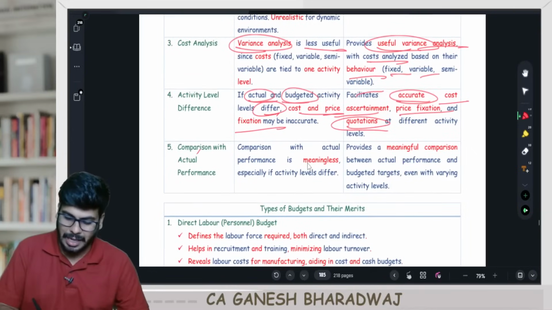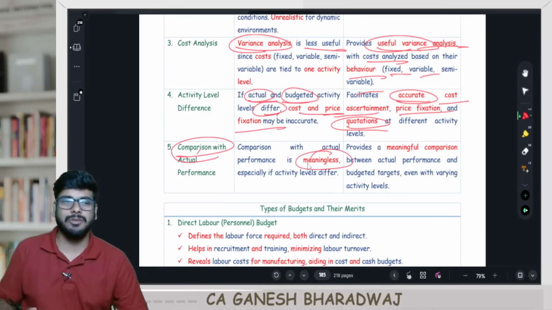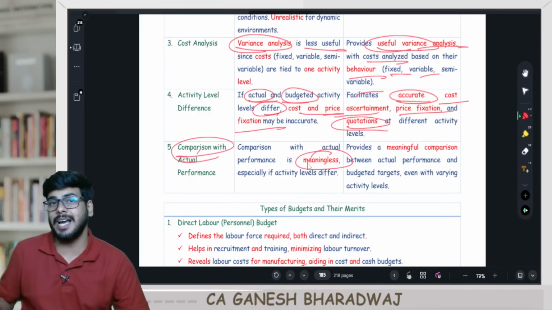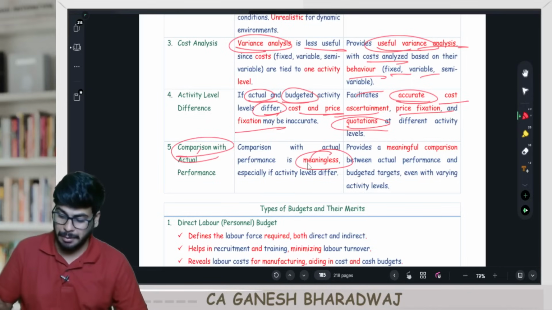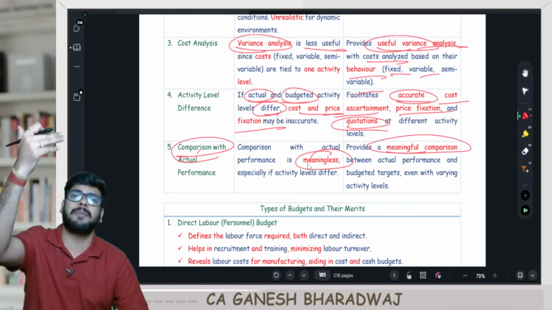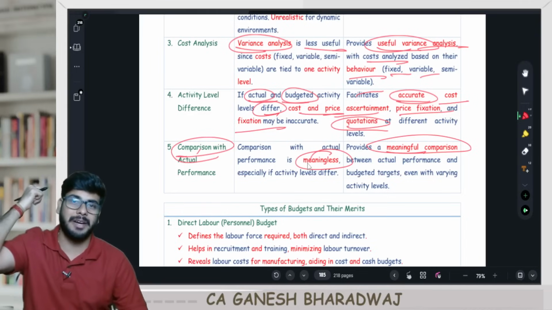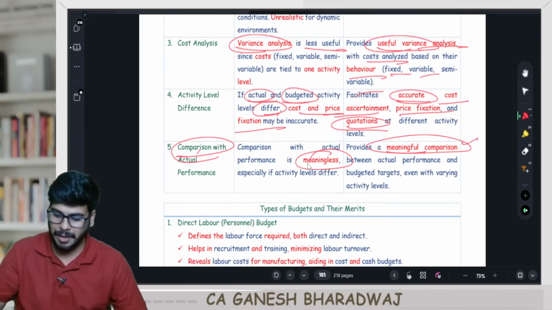Comparison with actuals, of course, if you are following a fixed budget, it is meaningless. Why? You can't compare 10,000 units of budget data with 20,000 units of actual data. Whereas a flexible budget provides a meaningful comparison. Why? Based on the actuals, you can work out what the budget is for the actual output level. I'll be able to prepare a flexible budget, and that can be compared with the actual.